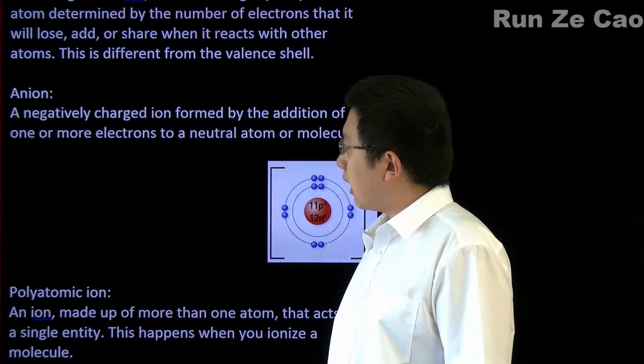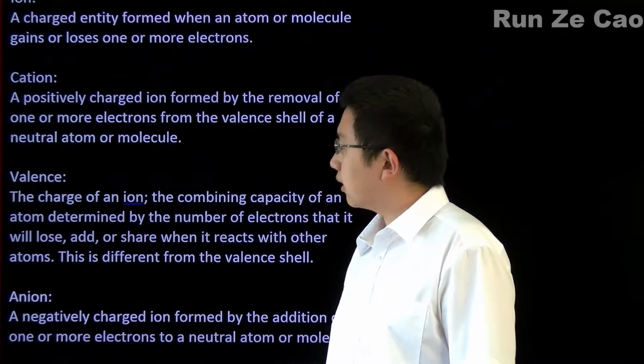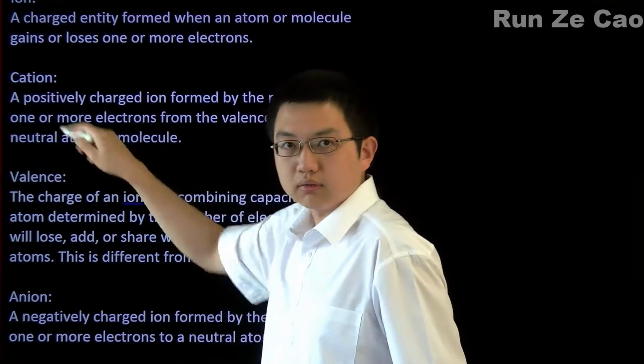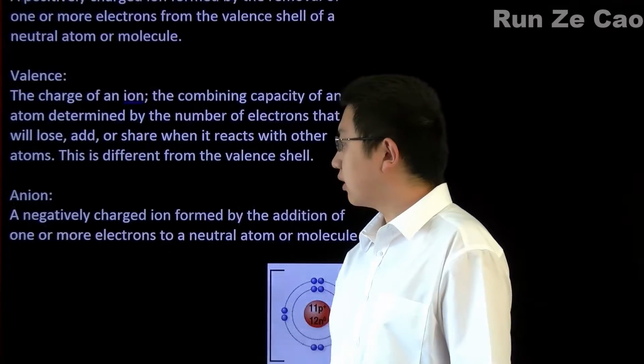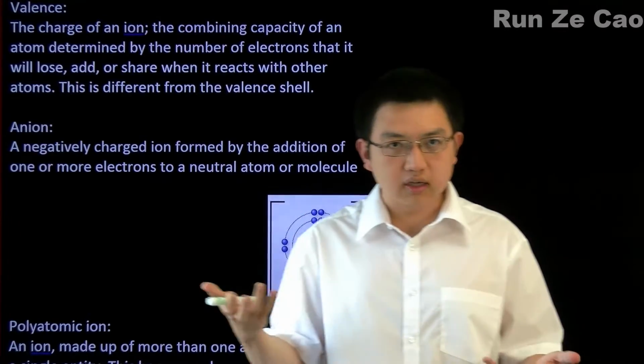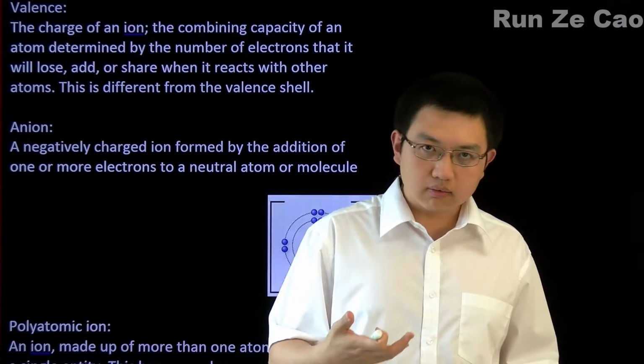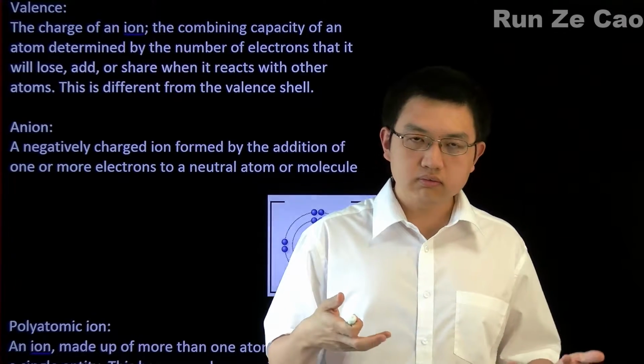How can you remember an and cat? Well, you can think of cat as having a t, and when you write a t, it's what? It's a plus sign, right? And an, well, anoxic is when you don't have enough oxygen. Or anhydrous, when you don't have water.